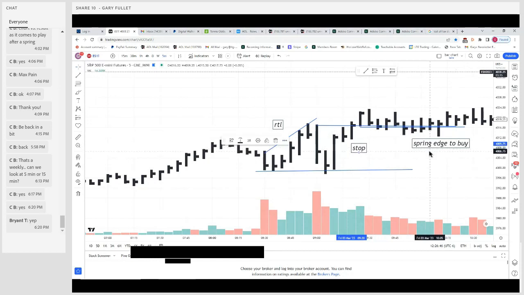So the buy is here. Now, if you feel the stop is too long, sometimes it is, then what you do is watch the next bar. If it acts in your favor, raise your stop. If it acts against you, maybe you're just wrong, so get out. From that spring position, we get higher. We get a market that then slams down.